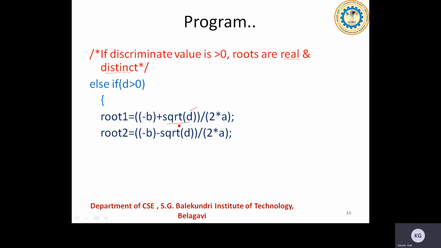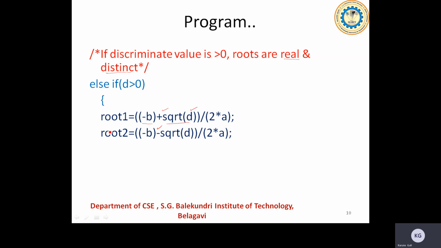Whatever result that I got here, I know it is a floating point value because the square root of any integer may be a floating point value. So I am expecting this result to be a floating point value. If this is a floating point value, and I divide this by an integer, whatever result I can expect there is also a floating point value. So the only difference between these two is here it is plus, here it is minus.